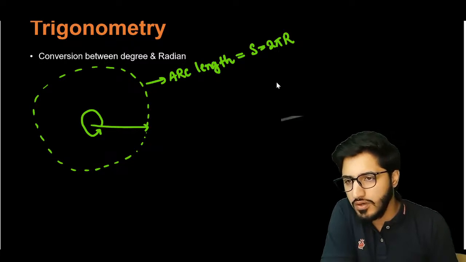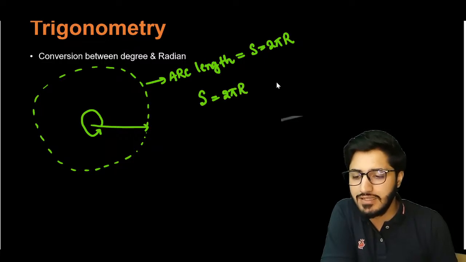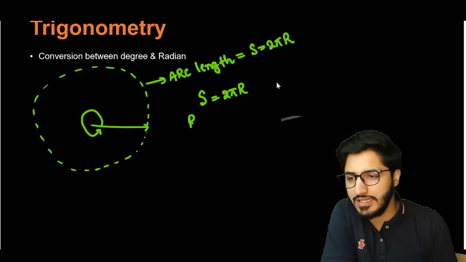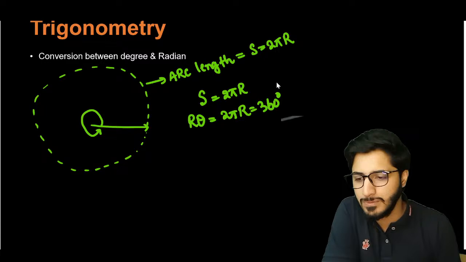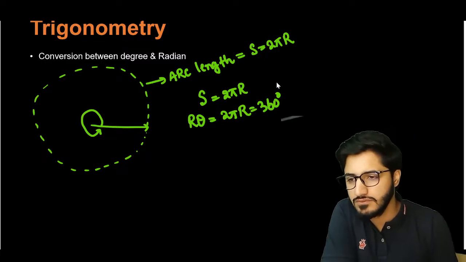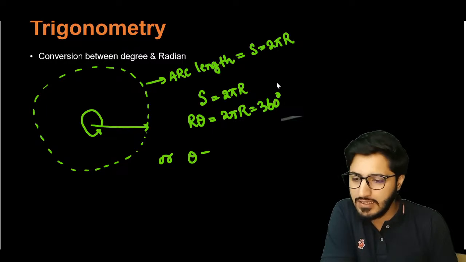So my S is nothing but 2 pi r. But what is arc length? It is r theta. So I can write r theta, which came out to be 2 pi r, which came out to be 360 degree. Or you can write theta comes out to be 2 pi radian.